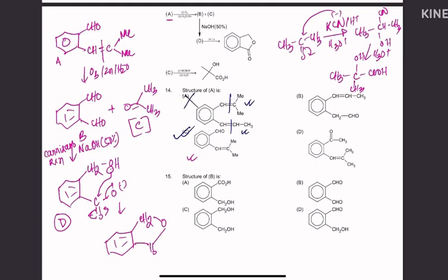B is also not possible, because an aldehyde will form after ozonolysis, and with NaOH there will be extra carbon. This is also not possible, because it gives a different product. So the answer will be C.